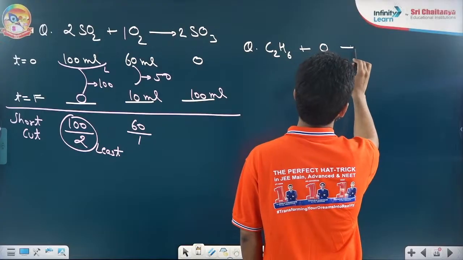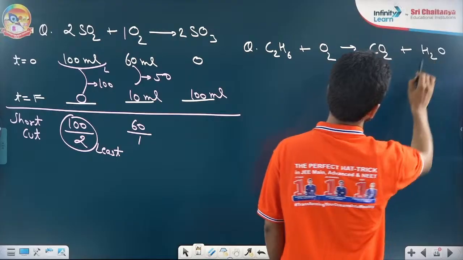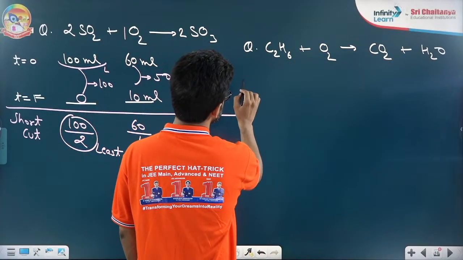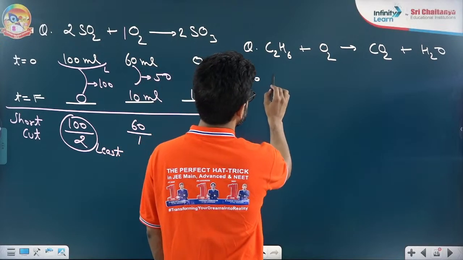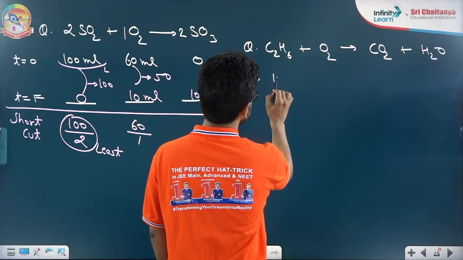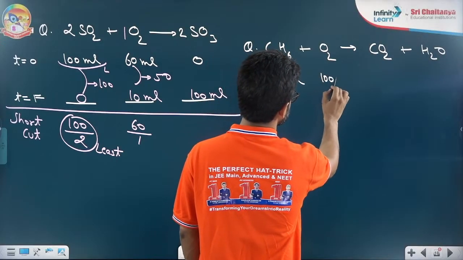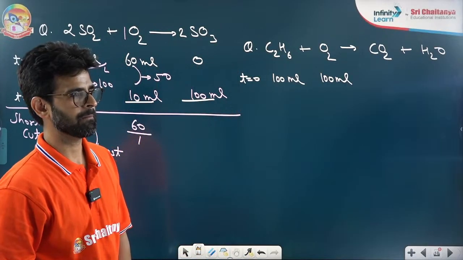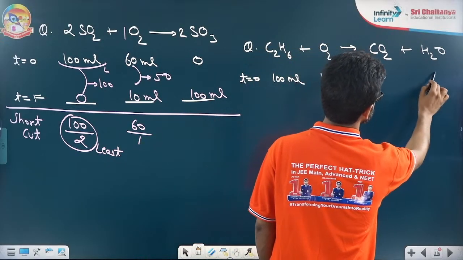C2H6 burning with O2 and giving CO2 and H2O. At time 0, at the initial time, I am saying we have 100 ml of ethane and also 100 ml of O2. I am taking both as 100 ml. And the products are initially 0, 0.